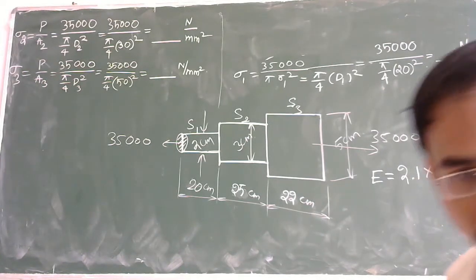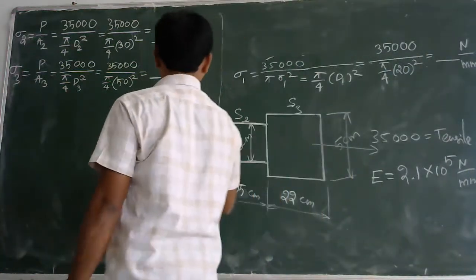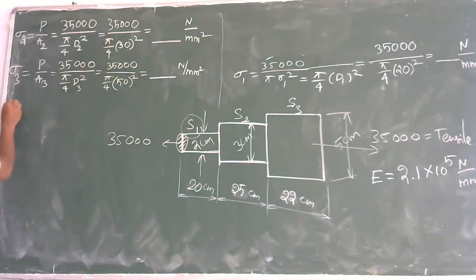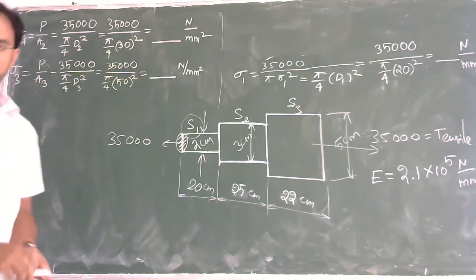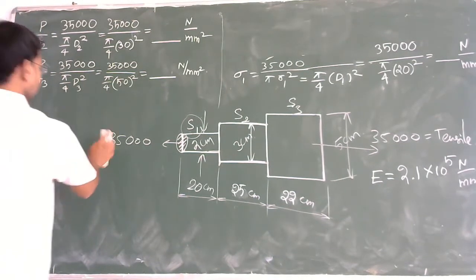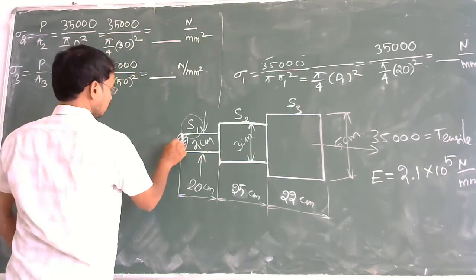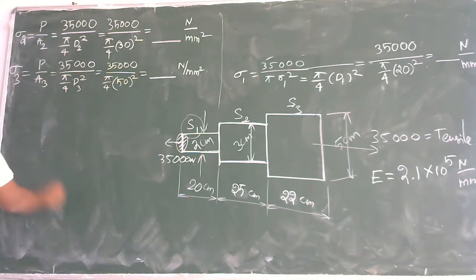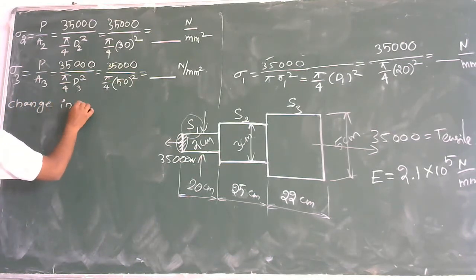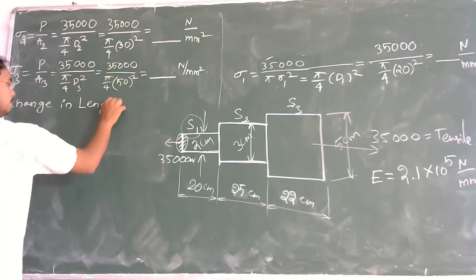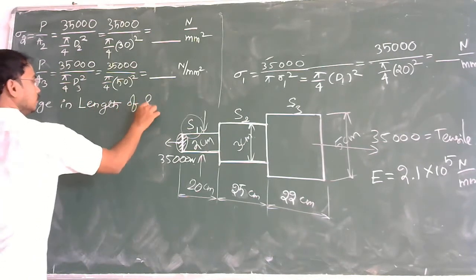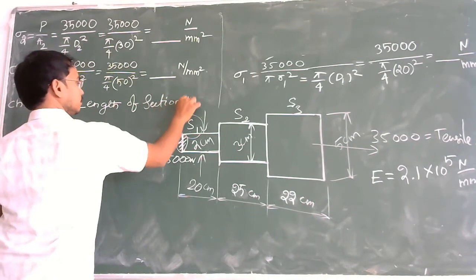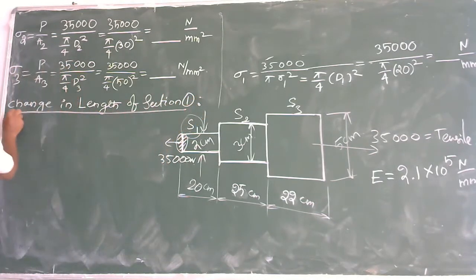For section 1, how much load here? It is 35,000 newtons.